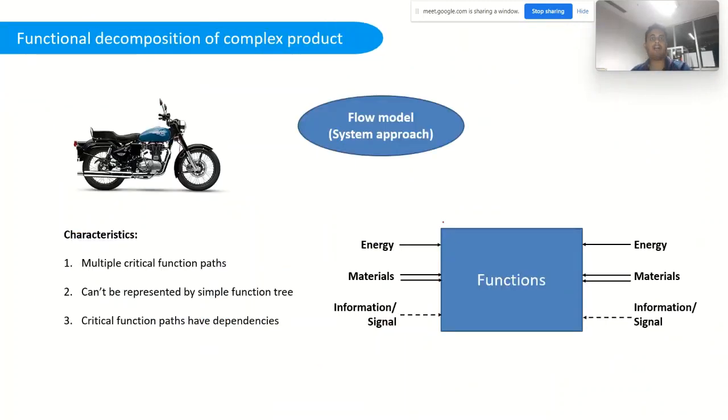So next we'll discuss how to do functional decomposition for complex products. In the previous class I discussed SOP and then the FAST method. All of them are useful for simple products. Why are they simple?